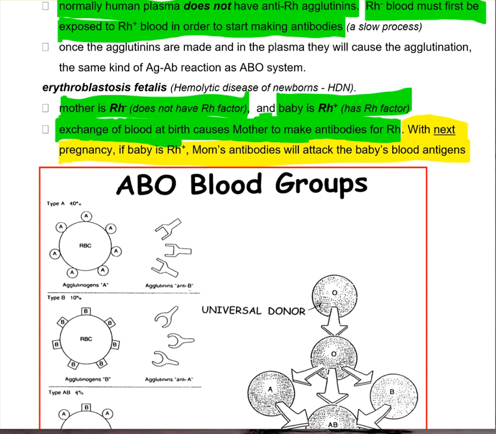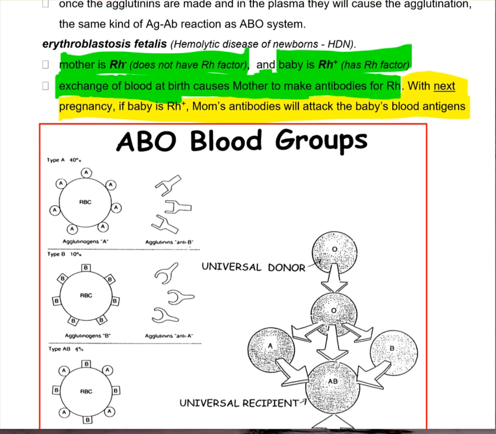If the baby was negative, negative means you don't have the Rh antigen, so mom wouldn't make an antibody against it. If mom was Rh positive and the baby was Rh positive, mom also wouldn't do anything because the fetus looks just like mom, and so mom won't attack the fetus's blood because it looks just like hers. So it's only when mom is Rh negative and the fetus is positive that we might have this problem.